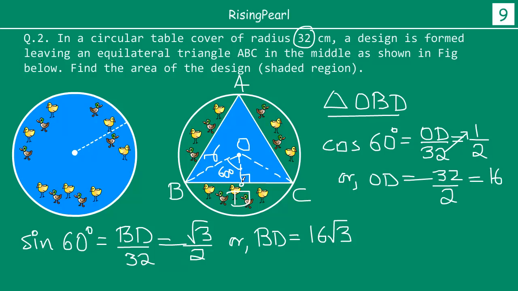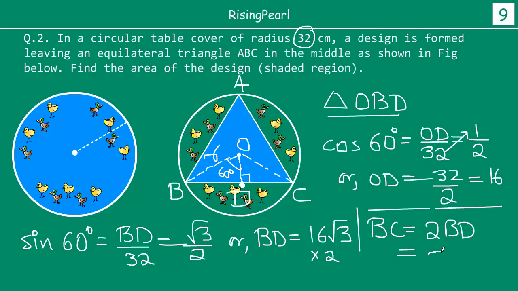So D is a midpoint, so BC should be equal to 2 times BD. So BC is equal to 2 times BD, BD is this, so multiplied by 2 it will be 32 square root 3.